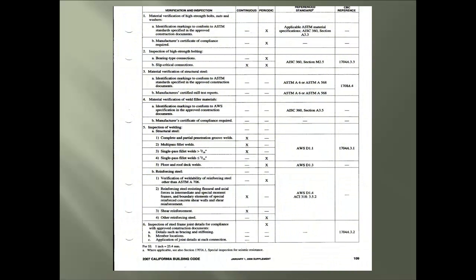We now review an important table found in Chapter 17 for the QC and QA professionals, and that is Table 1704A.3, Required Verification and Inspection of Steel Construction. Let's break down the key parts in this table to make understanding it less confusing.